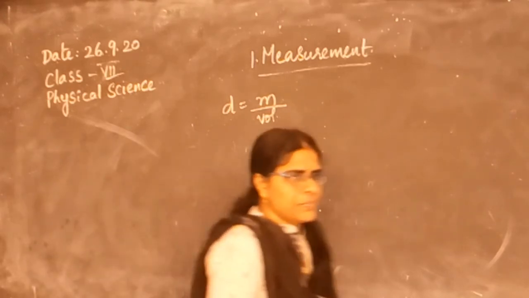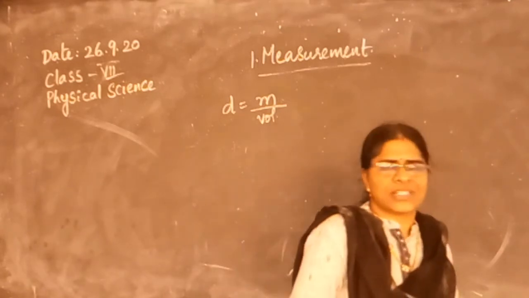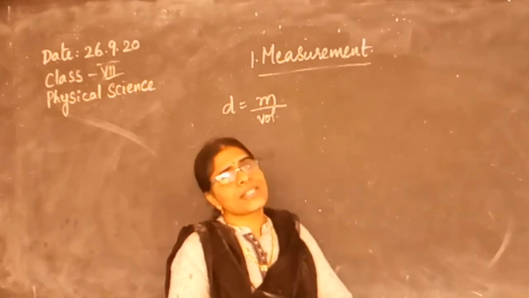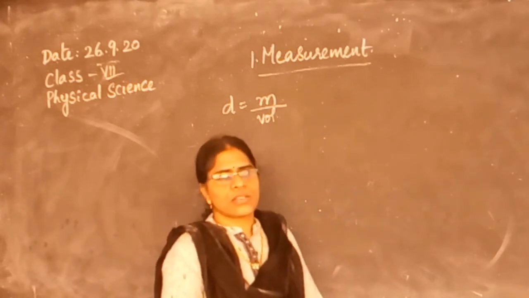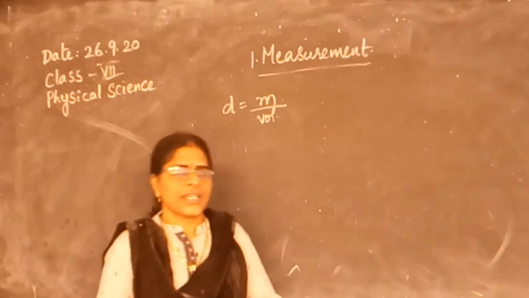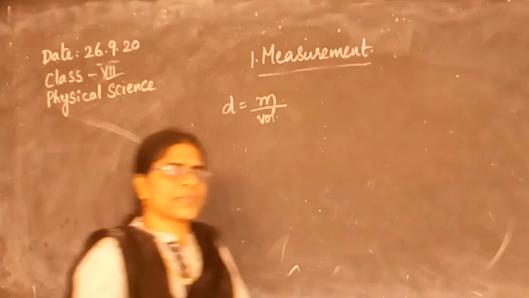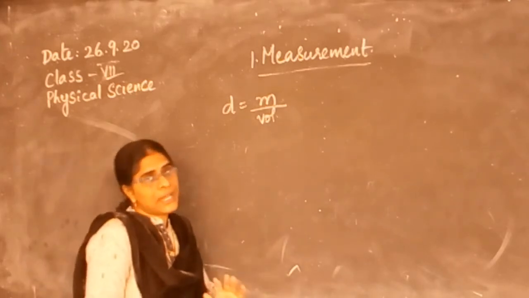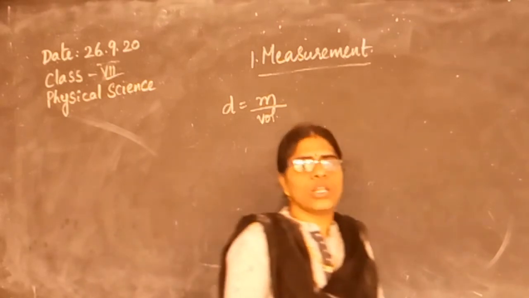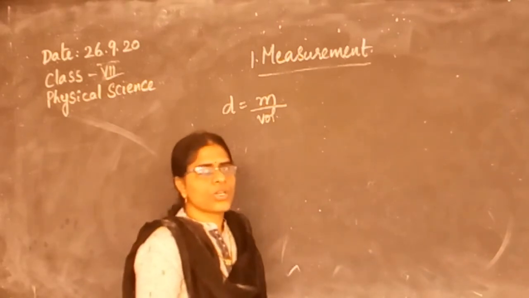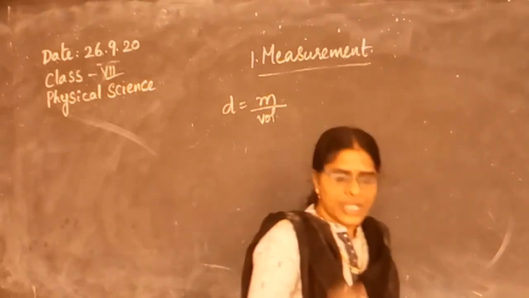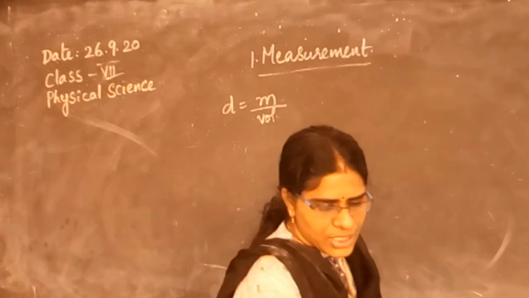If we keep the same masses, do they occupy the same volume, let us say? Are you following? If I keep two different substances of the same mass, do they occupy equal volume? For this, you have an activity on page number 20 in your textbook.